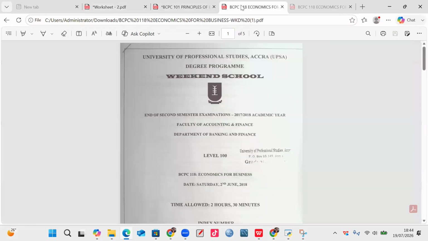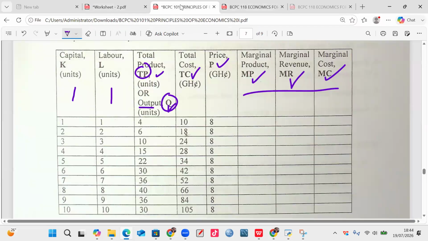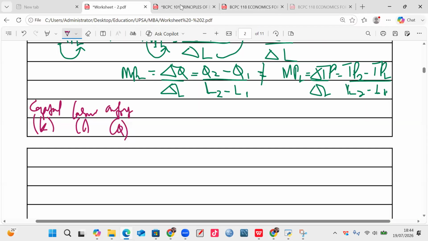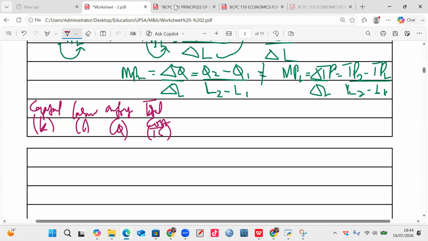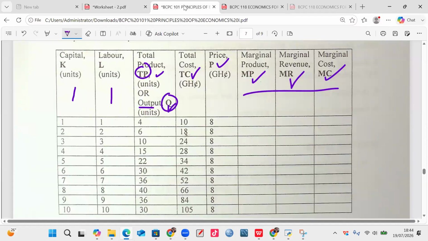Total cost, TC. Then what else do we have? Price, P. And what next? Marginal product, and marginal revenue.